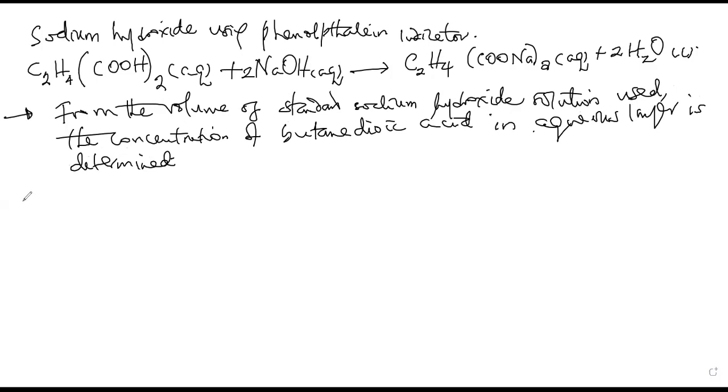But we also need to get the concentration of butane dioic acid in the organic layer or the ether layer, and that is obtained by subtraction, because you'll be having the total mass or the total concentration of butane dioic acid. So if part of it went to the aqueous layer, then we can get the part of it that went to the organic layer by subtraction.